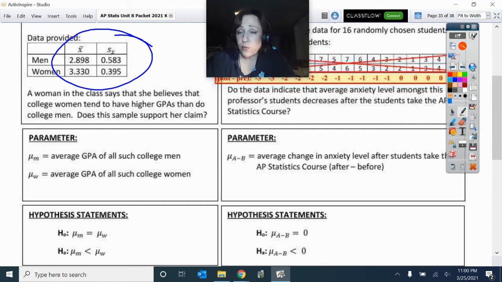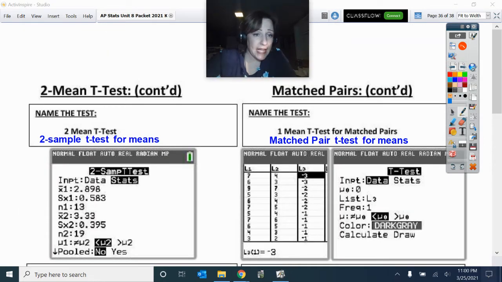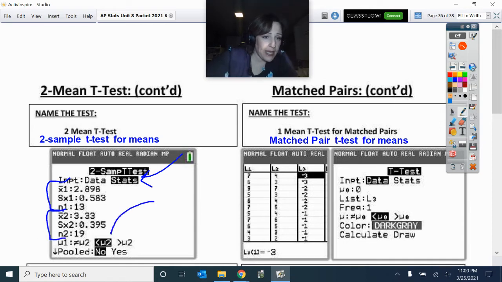So when I did it with my calculator, I used the summary statistics tab, and I put in the men data first and the women's data second. And make sure you pay attention to the way you're doing your symbol, that we wondered if men was less than the women.